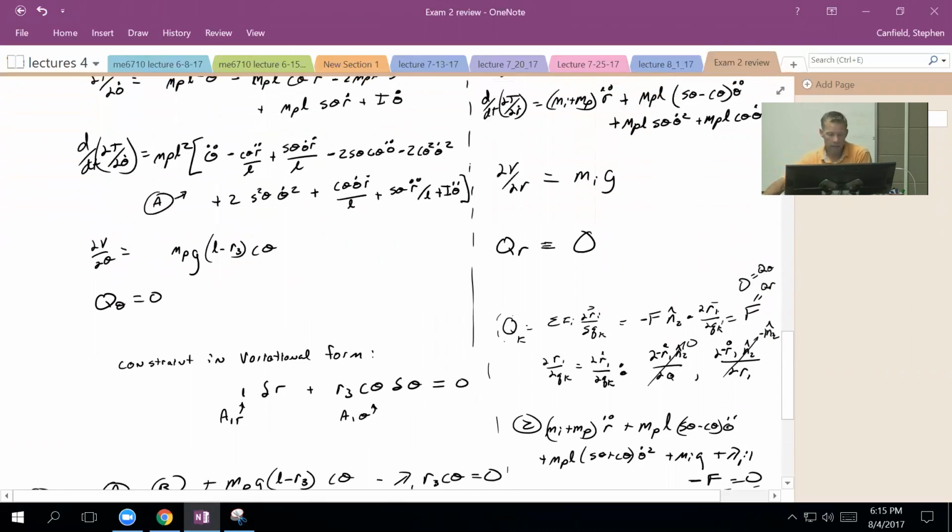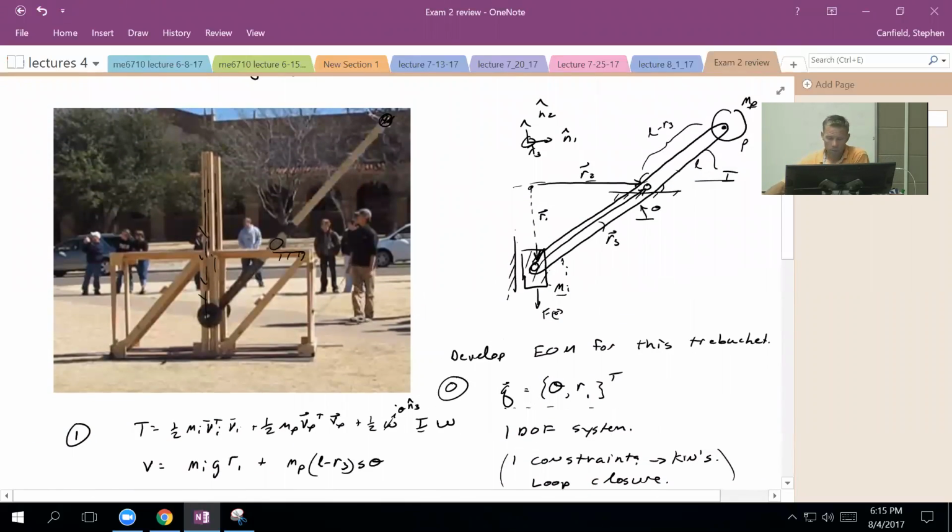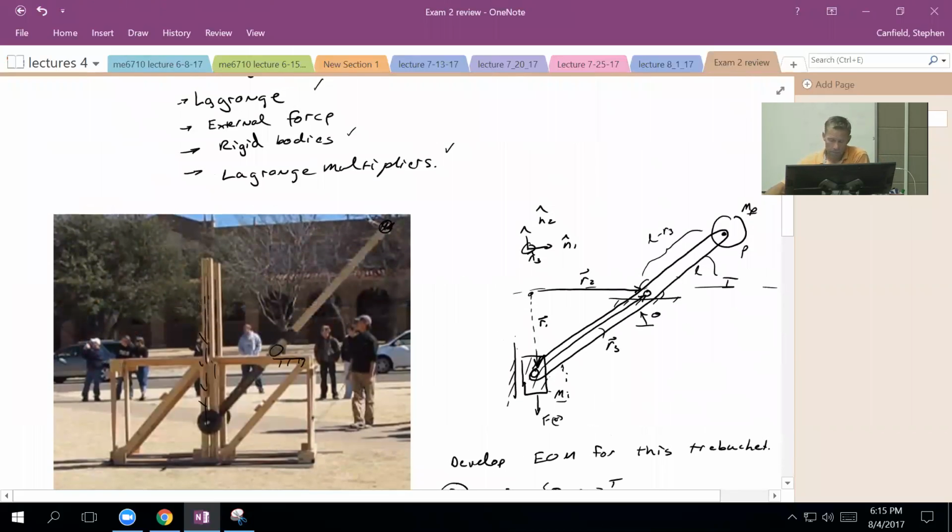Let's say we had a force. What would be a force as a function of theta? I could have a force right here. Let's call that P, FP. Let's say it's always perpendicular.